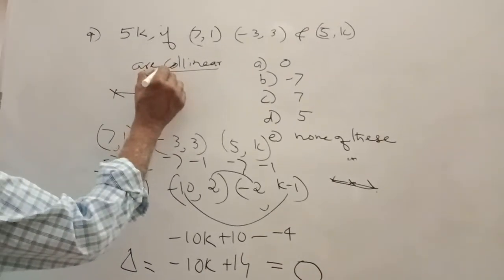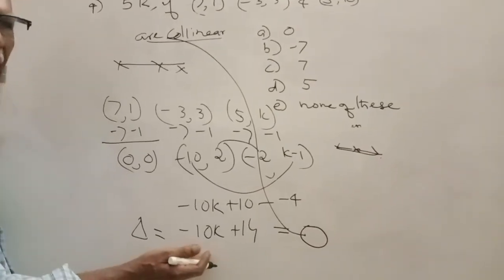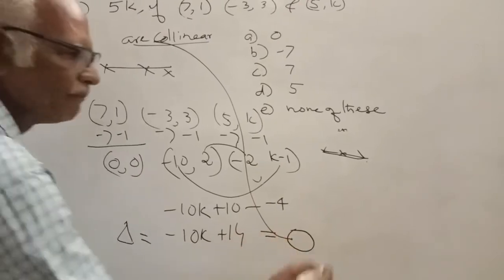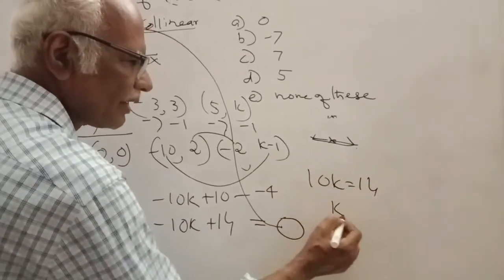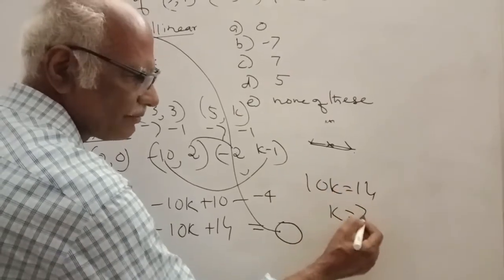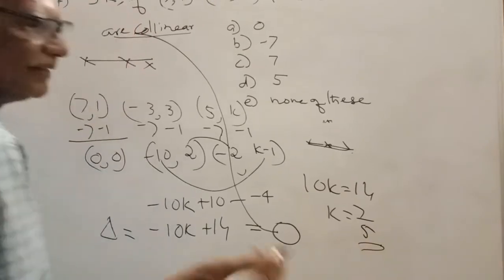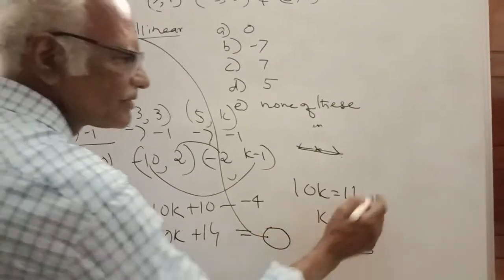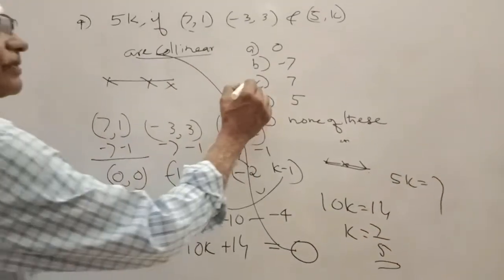So collinear means area 0, and that gives you the value of k. Minus 10k plus 14 is 0, or you say 10k is 14, or k you can divide by 2, 7 by 5. And the question is, what is 5k? So 5k is 7 is the answer for the question. So the choice is C.